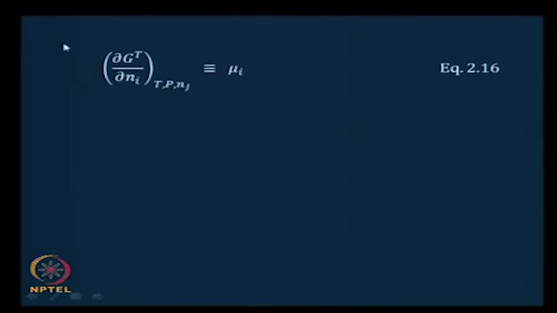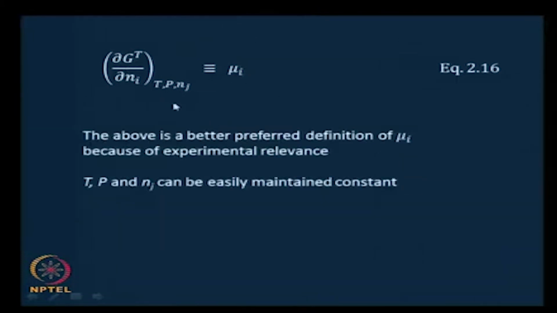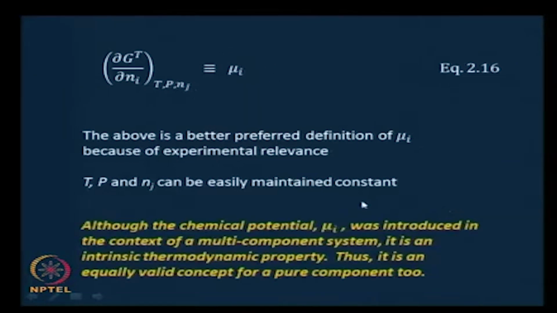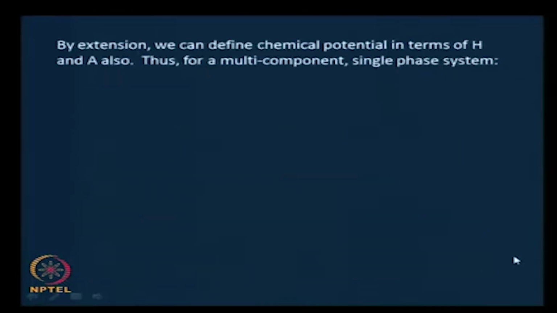This is pretty much the way it is predominantly used, although there could be other definitions of the chemical potential, because it is much easier to keep T, P and Nj constant while doing an experiment to probably measure this. And also we saw that although the chemical potential has been introduced in the context of a multi component system, it is an intrinsic thermodynamic quantity, a very basic quantity, and it is an equally valid concept for a pure component also.